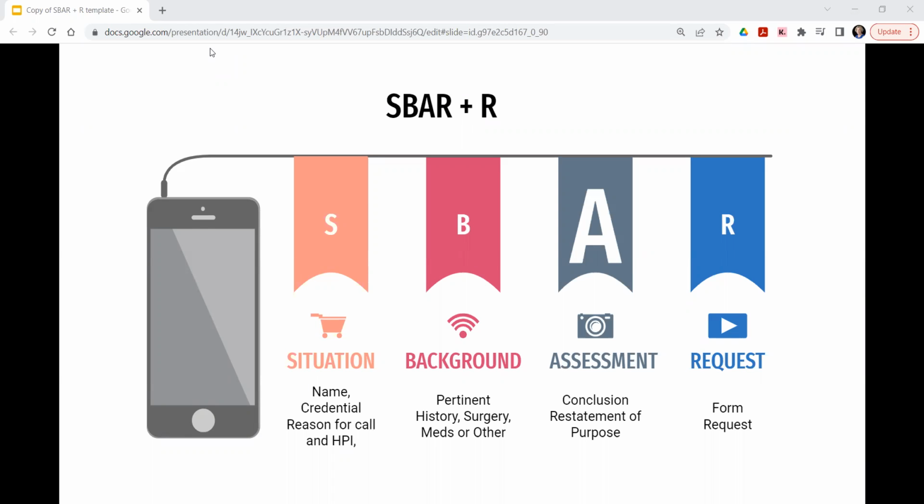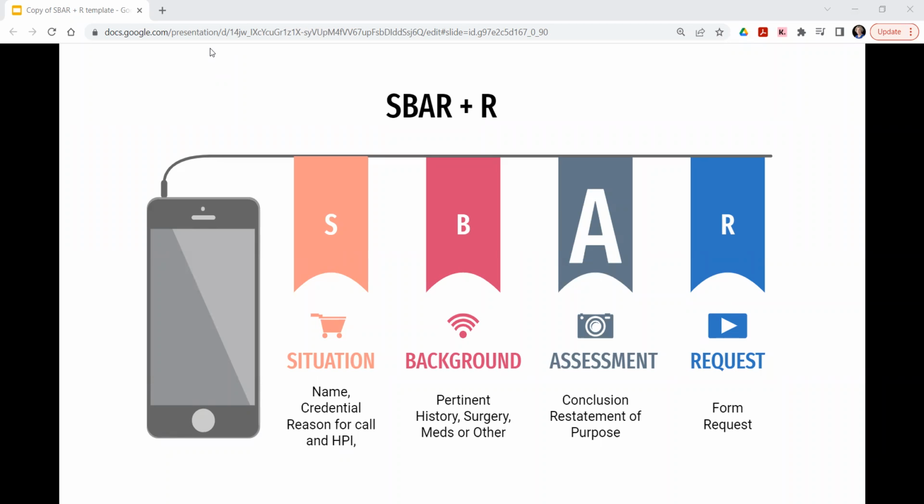is not assessment the way you and I think about it. It's your assessment of the overall situation. So it's better to think of this A as a conclusion. A conclusion is restating the concern or problem. Although labeled assessment, just remember, it's not the assessment information that is in the S and the B, but this is your conclusion about the problem.